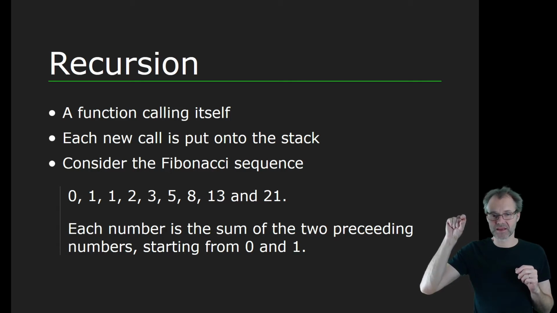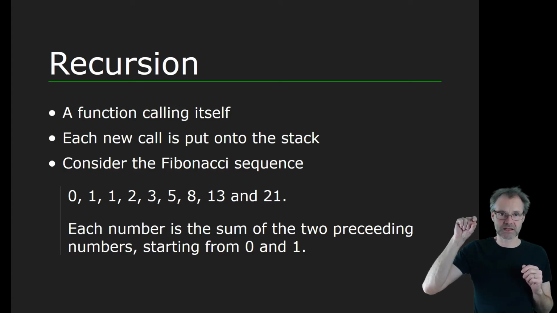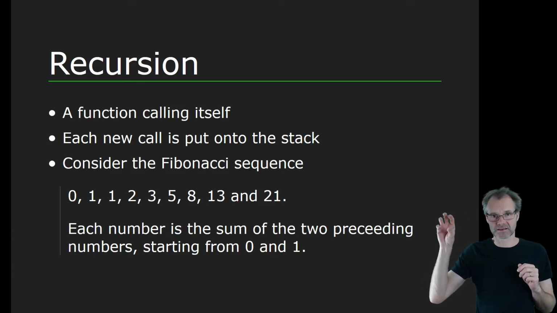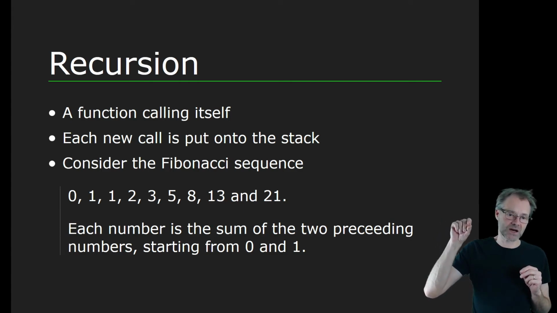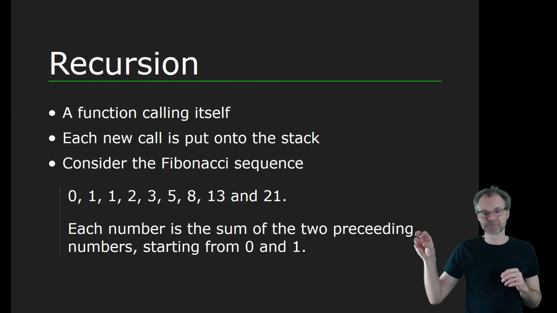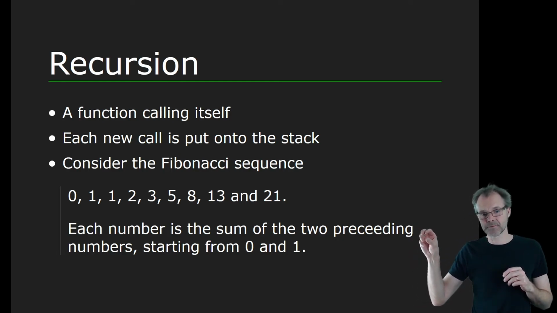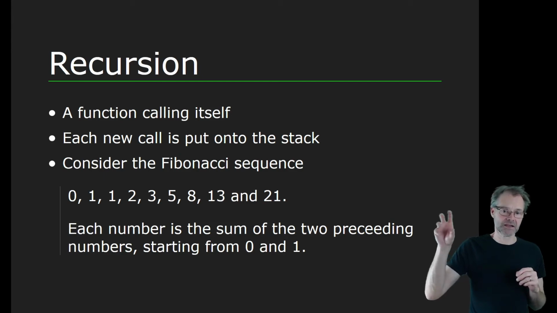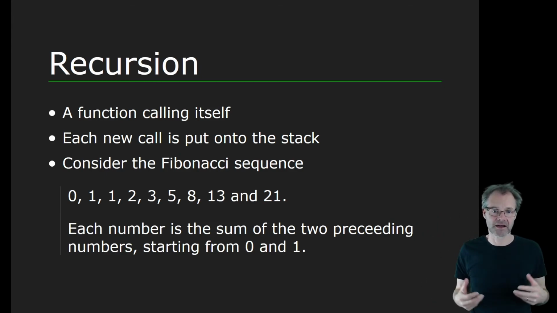Okay, good. Then I take the 2. That should be the sum of the two preceding numbers, 1 plus 1. Yes, that's a 2. And then I take the 3. That should be the sum of 2 plus 1 equals 3. Yes. And for the last one, the 21, that should be the sum of 13 plus 8 equals 21. Okay, so yeah, I got it.